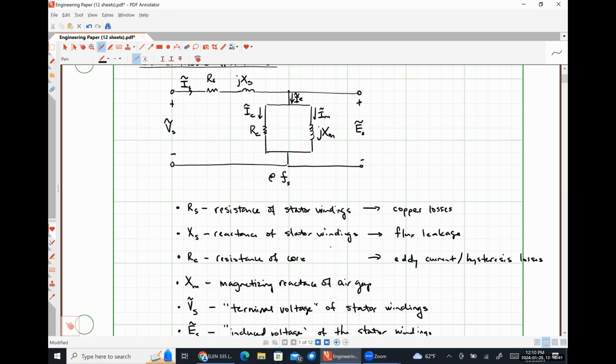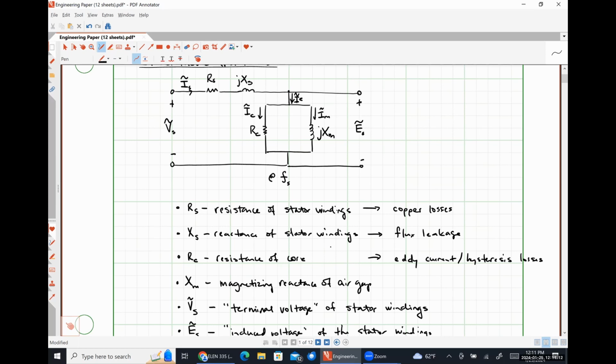So what does this look like? Have you seen a circuit like this before? In this class, right? It's the exact same thing as a transformer. Technically, this is the exact same thing as one side of the transformer. And so largely, it's going to behave exactly like a transformer does, except for one pretty critical thing, okay?